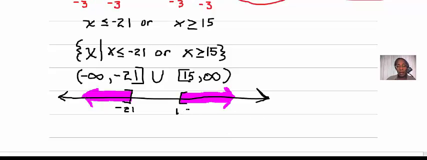So that's my graph. Those are the three ways that we can describe the solution set: as a set using set builder notation, as an interval, in this case a union of two intervals, or as a graph.